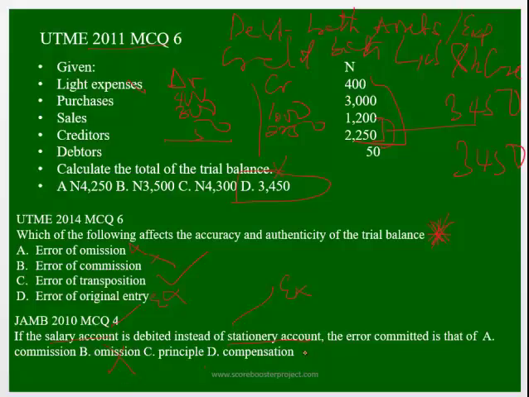Compensation means something happens somewhere else. Principle, no. Error of commission. Error of principle and commission are very close. But at the beginning, we were told that if the salary account is debited into the motor vehicle account, it will be an error of principle. But here, into the same expense account, there is error of commission. I think we just explained it the other time. So let's take note of this.